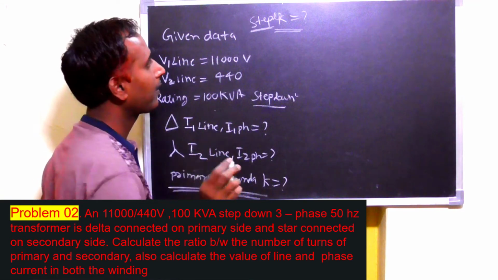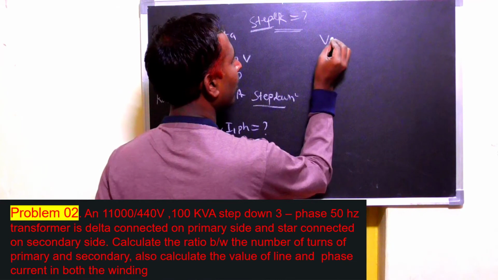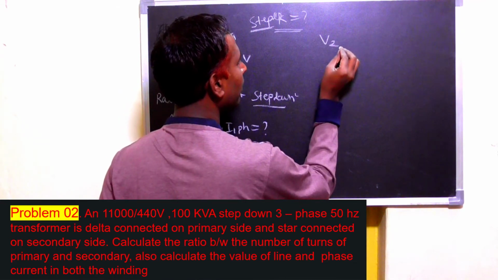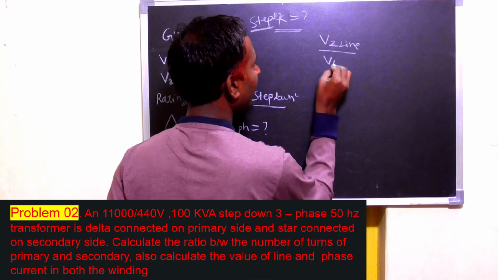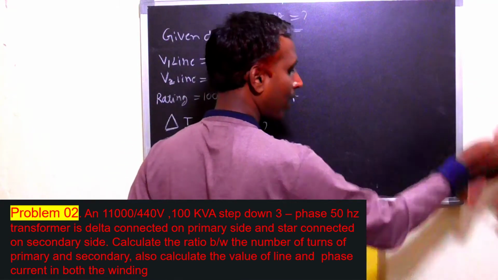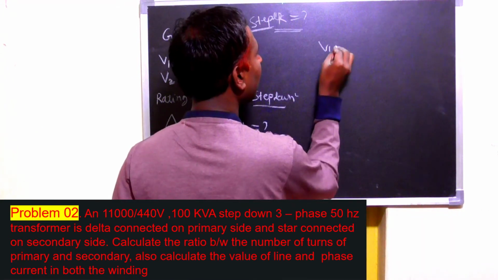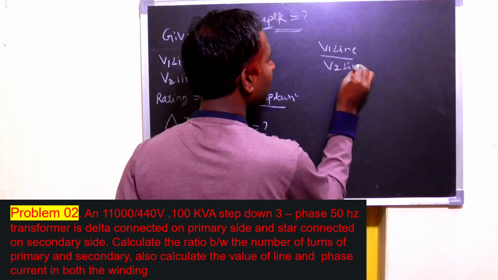Okay friends, see here. We know the formula: V2 line voltage divided by V1 line voltage. Otherwise, in the last problem, what we did was V1 line voltage divided by V2 line voltage.